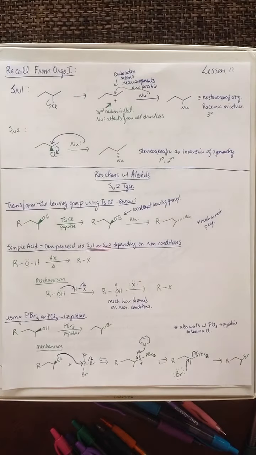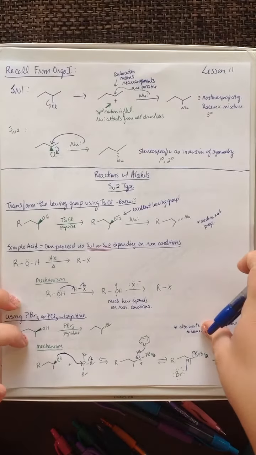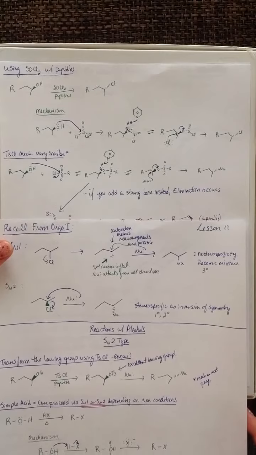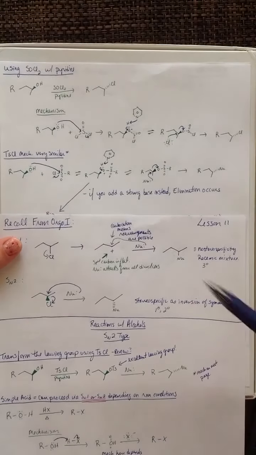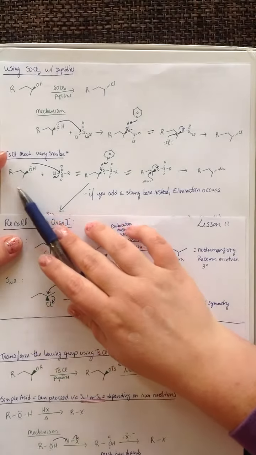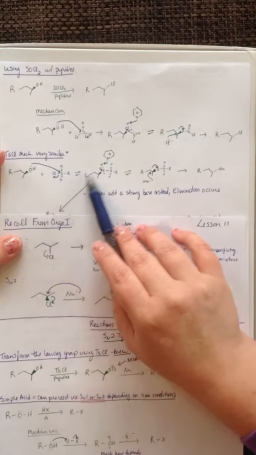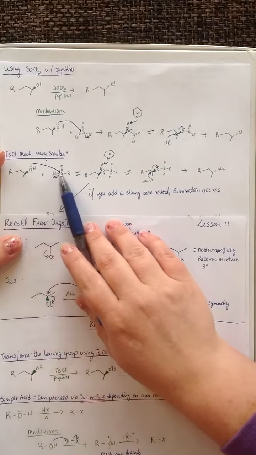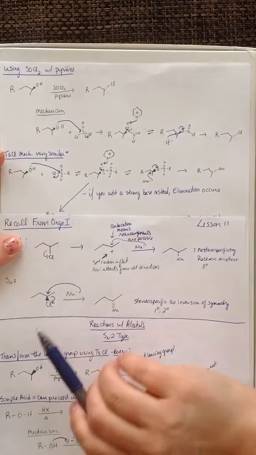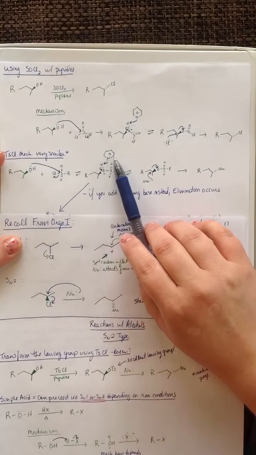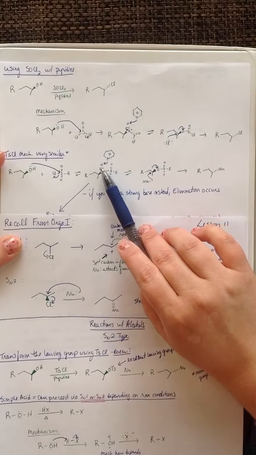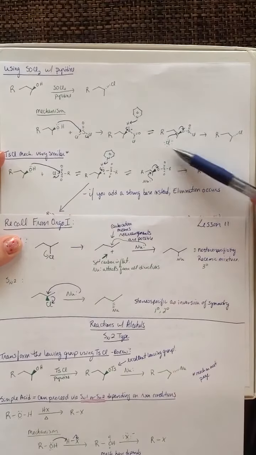If you want to look at the mechanism for that, I'll go ahead and skip forward here. You simply take an alcohol such as this, and this is a butyl group over here, but this alcohol attaches to the sulfur, chlorine leaves, and then the pyridine that's used, this is pyridine, that's a base, comes and removes that hydrogen, electrons go back down, and bam.